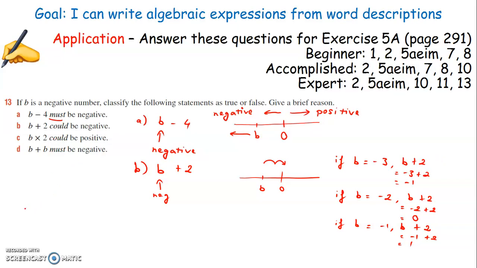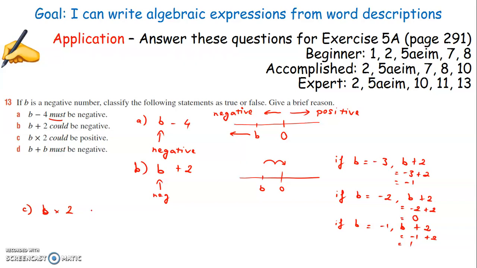Now, B times 2 could be negative. I know that in term 1 we've learned about a rule when multiplying negative numbers. So here we've got B, a negative number, times 2, which is a positive number. When a negative number is multiplied by a positive number, what would the answer be?